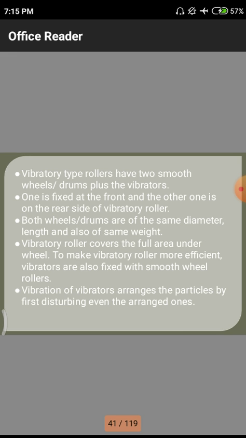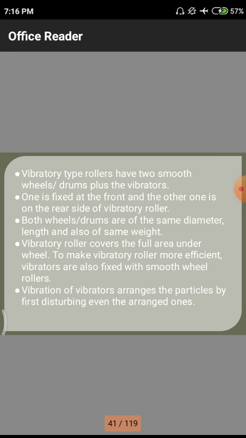Third one, both wheels of the drum are of the same diameter. Normally in tractors and others, we have different diameters of the wheels. To densify a particular soil, we have different kinds of rollers. First of all, we have different diameters, that means the front tire is very small compared to the back tires.